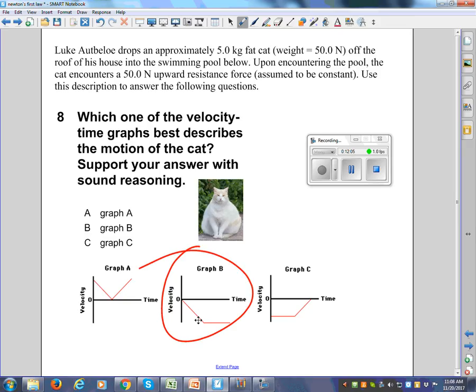So it keeps falling, but at the same speed. And the same speed is shown by a flat line. So this cat is going to hit the water and then keep going at the same speed to the bottom of the pool. Don't worry, Luke jumped in and saved the cat. It's a happy story, except, well, probably the cat's not very happy with this whole thing.